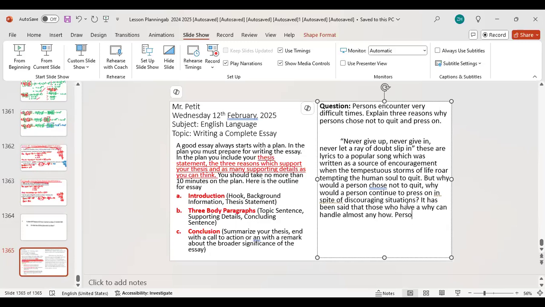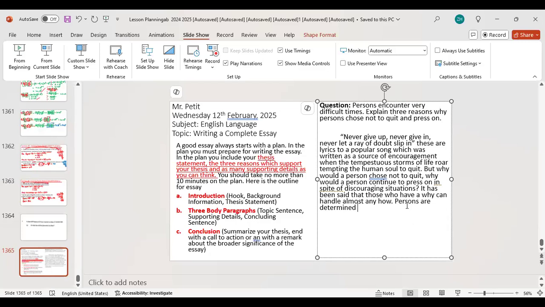Persons are determined to live even when things are difficult, because of, what are some reasons why persons would not quit?